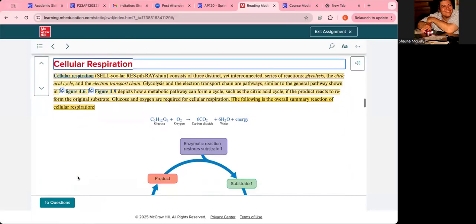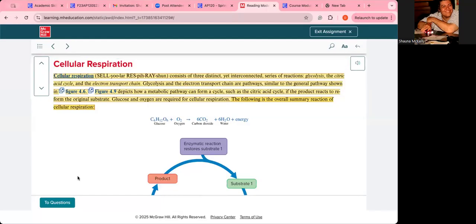So we have glucose plus oxygen yield carbon dioxide, water, and energy.